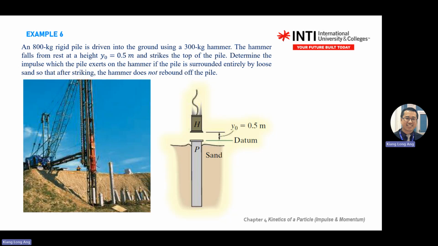So this question asks you about the pile, not the hammer. Okay. If the pile is surrounded entirely by loose sand, so that after striking, the hammer does not bounce off the pile.